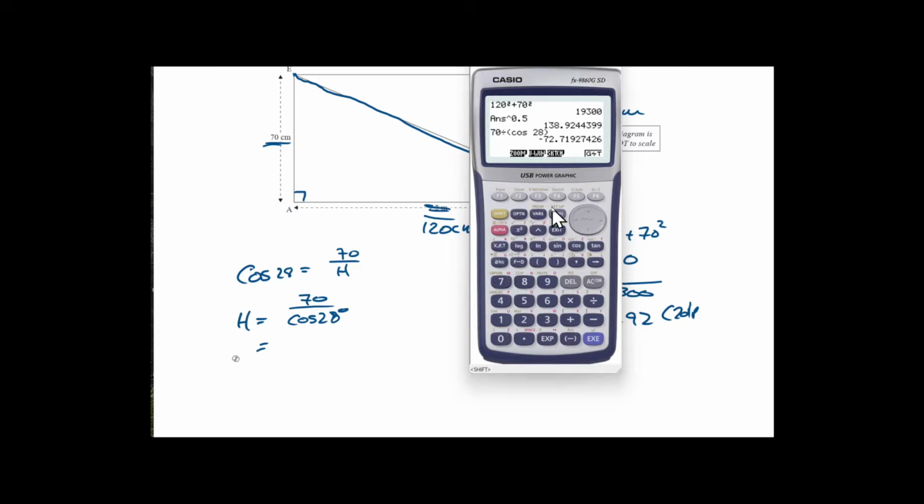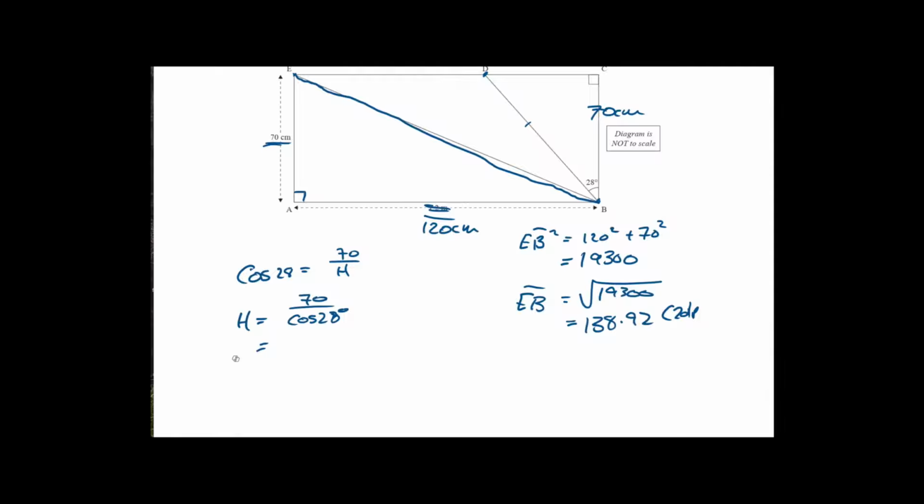It was in radian mode, so let's fix that. So 70 divided by cos of 28 equals 79.27. So 79.28, I'll say.